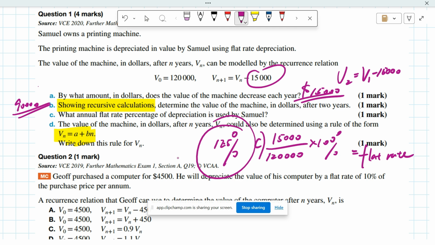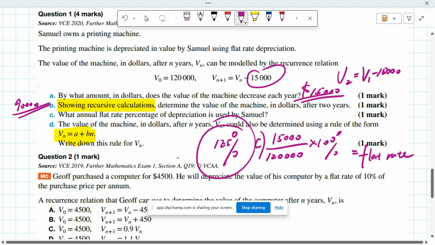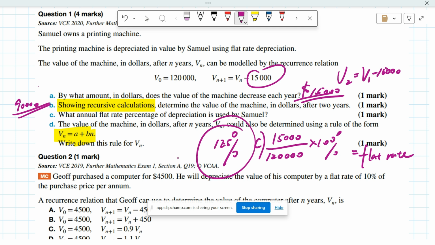Okay, so write down the rule for Vn, the value in dollars. We already kind of know these questions.